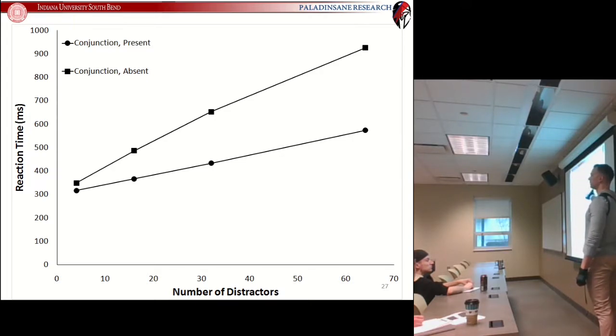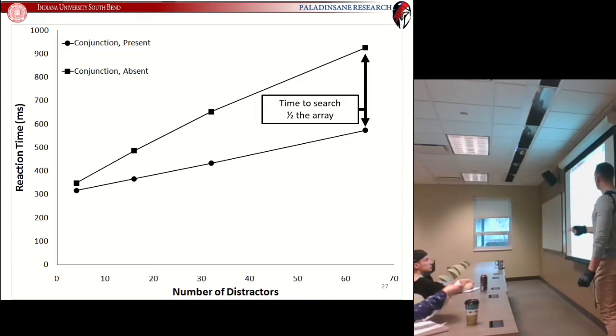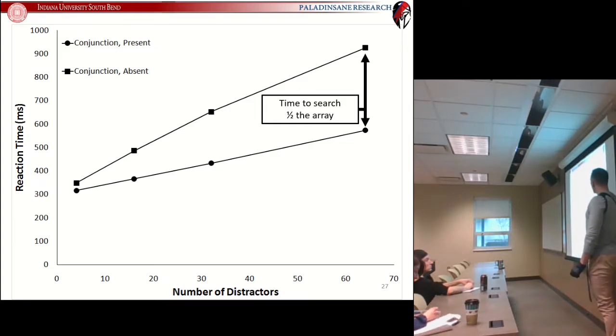to search the array? The amount of time it took you to look at every single thing on the screen? Very, very close. So this would actually be the amount of time that it takes you to search half the array. Because you would imagine that on average, let's start with when it's not there.